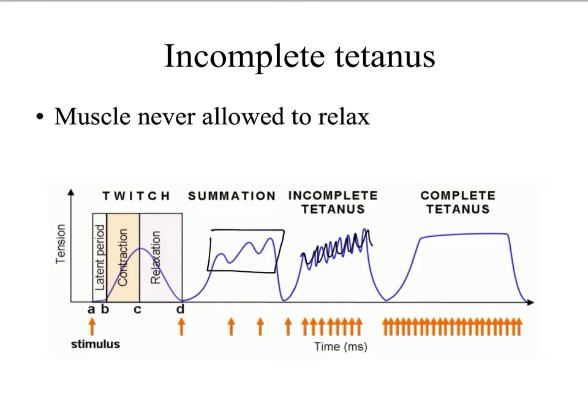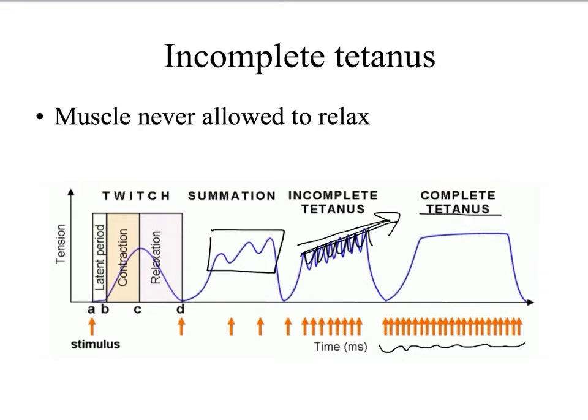Incomplete tetanus is the type of tension that we use to perform most of the work that we do in our everyday life. Now, what happens if the stimuli are coming even faster and faster and faster? It can build up to where this smooths out and forms what they call a complete tetanus.